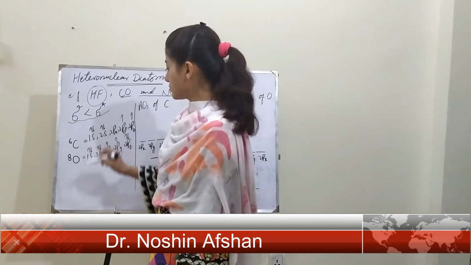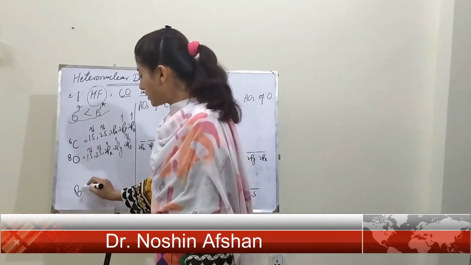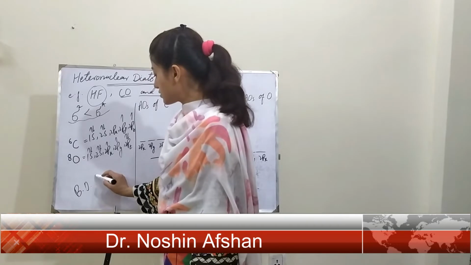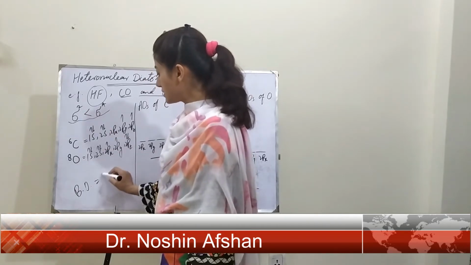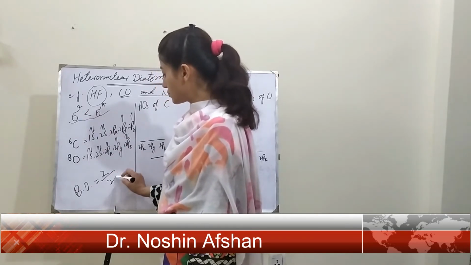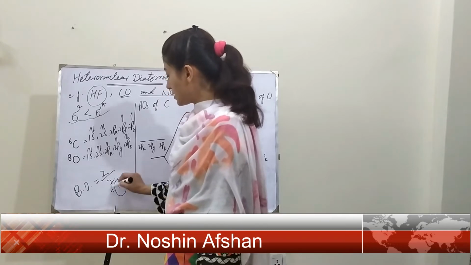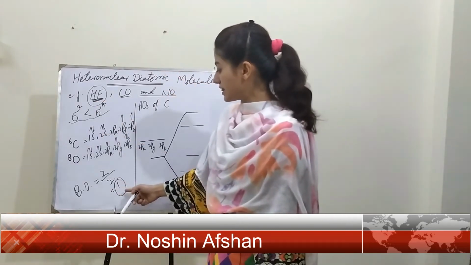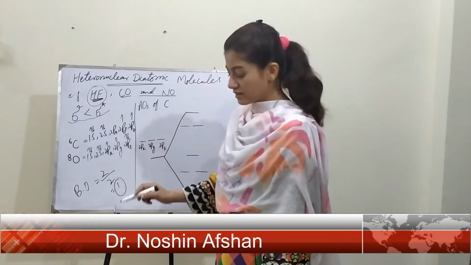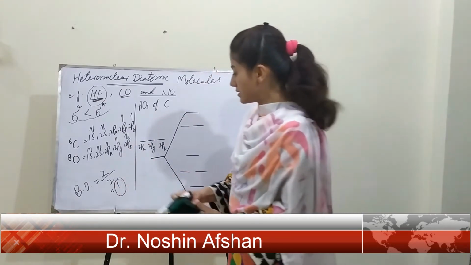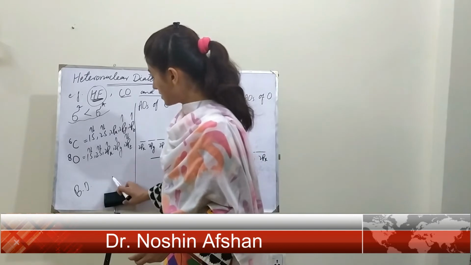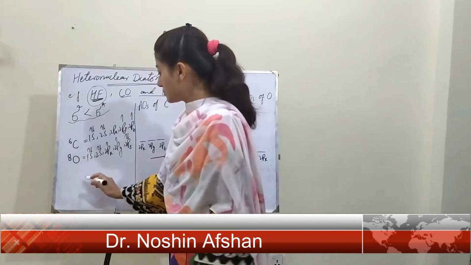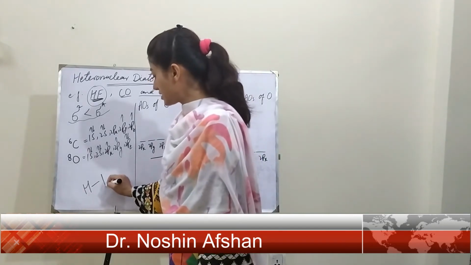So according to this, its bond order is 2 electrons divided by 2, that is only 1. So the bond order for hydrogen fluoride is 1. That means hydrogen fluoride has been formed with only one bond, that is H-F.